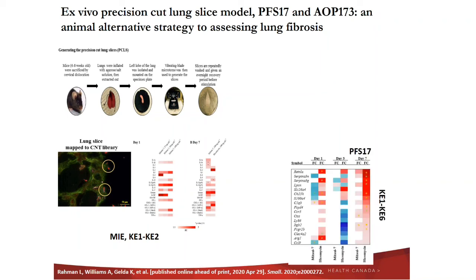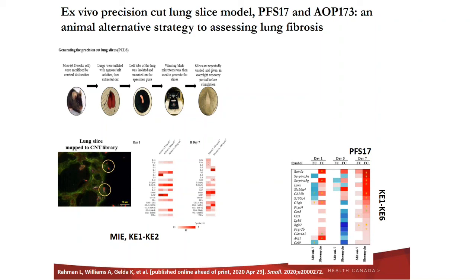Next, we looked at the induction of PPS17, which is the 17 gene panel, in the Mitsui-7 as well as bleomycin exposed lung slices. Here you can see that several of the 17 genes are well expressed following exposure to bleomycin, and their expression goes higher and higher with the post-exposure days.